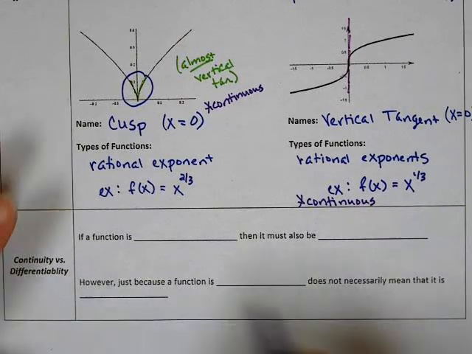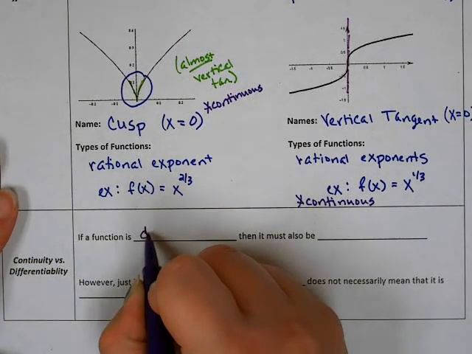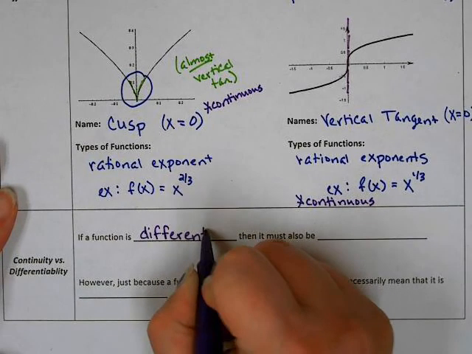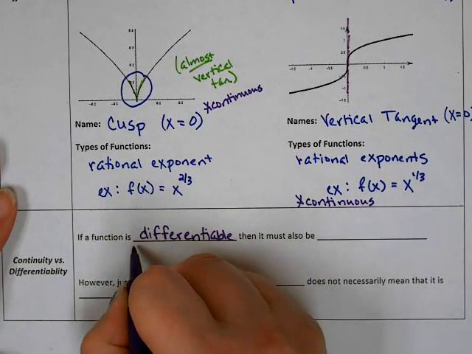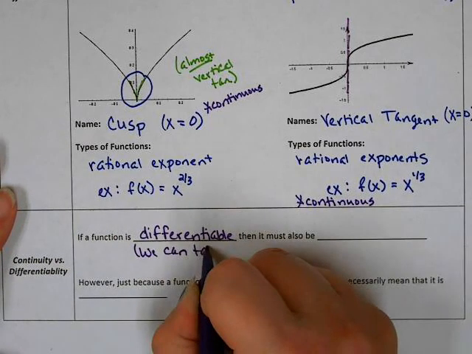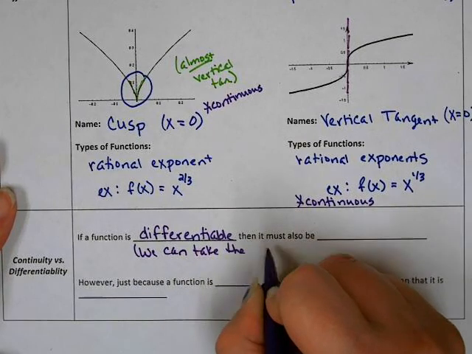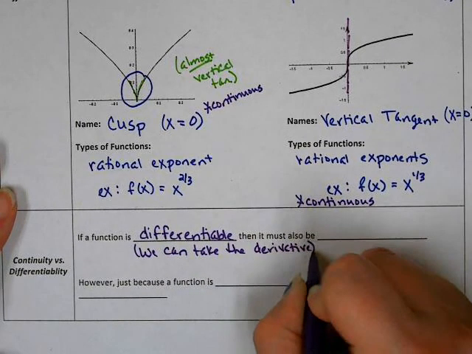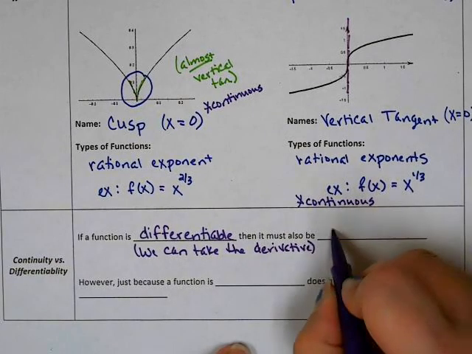If a function is differentiable, so that means we can take the derivative, then it must also be continuous.